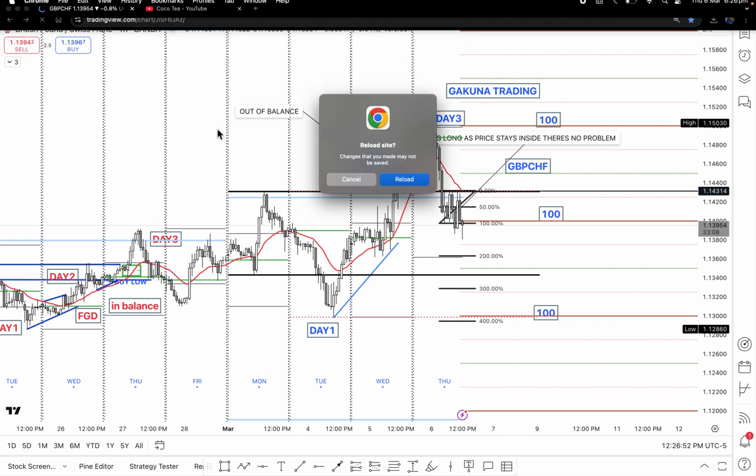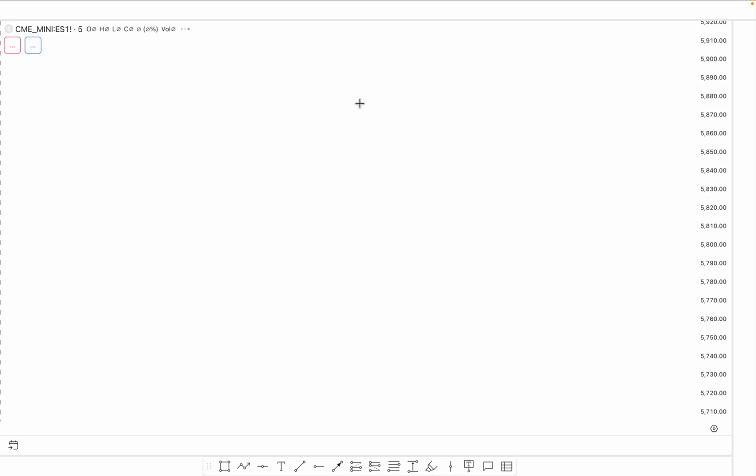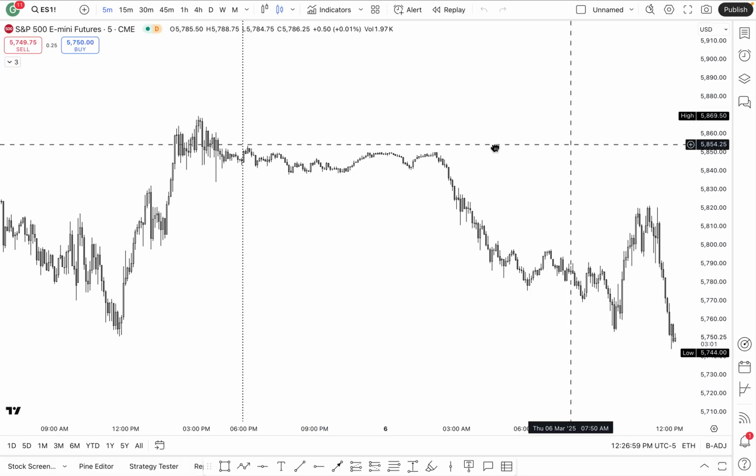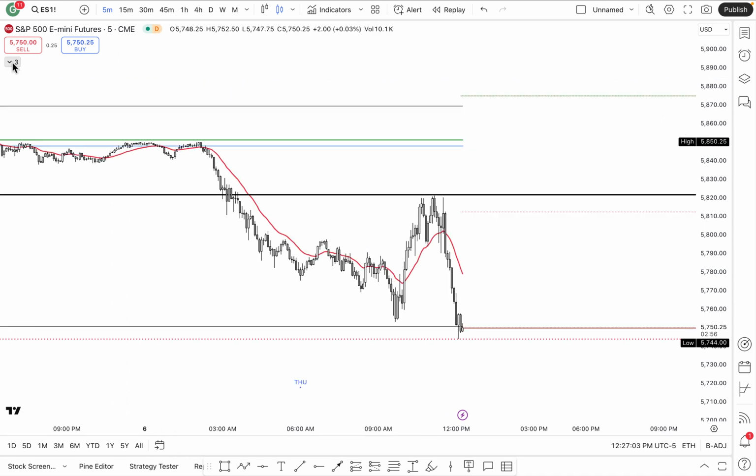Let's refresh the page a little bit for the screener to be able to run, due to calculations of so many pairs. Not so many actually, but let's see.